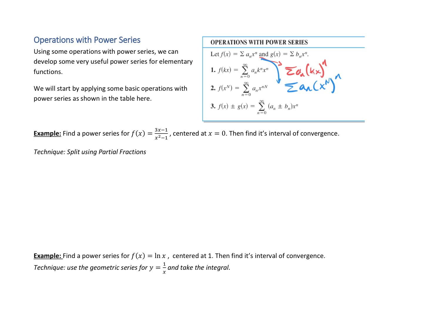Well, here we have a fraction that's not really in a form that's ready for a geometric series, but we can use some partial fractions to split this up. We can say, I've got f of x, which is 3x minus 1 over x squared minus 1, which is 3x minus 1 over x plus 1 times x minus 1.